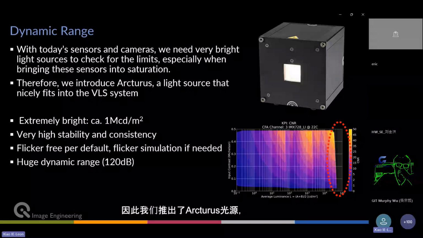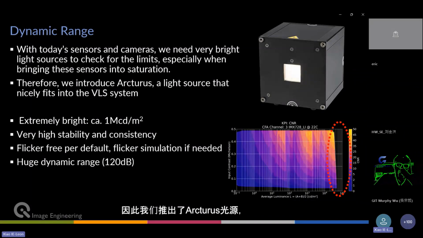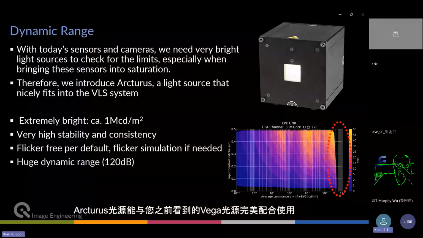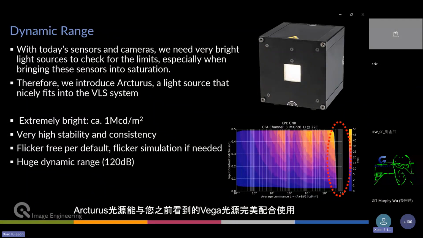And that's why we introduced Arcturus. Arcturus is a light source that works well together with the Vega light sources that you've just seen previously. It is so bright that you can actually bring automotive-grade sensors into saturation.